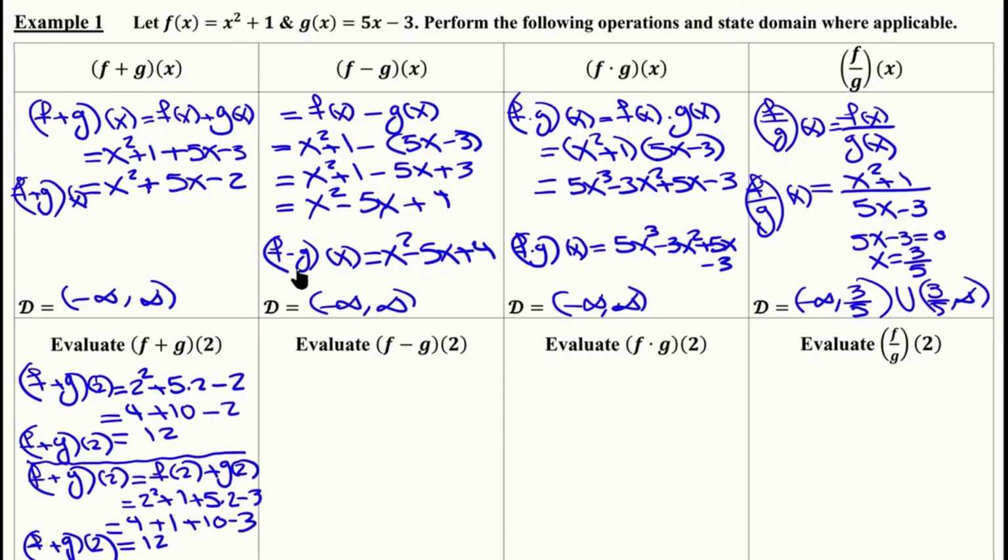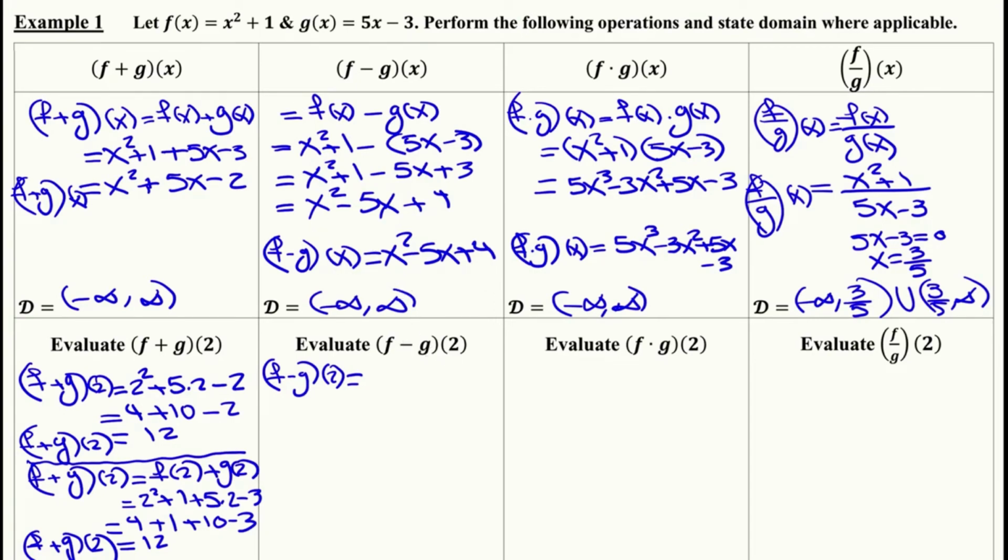Again, we have already calculated f minus g of x. So we could go ahead and use this fact to calculate f minus g of 2 for the specific input 2. So we would get f minus g of 2 equals, wherever we see x in this expression, we're going to substitute 2.